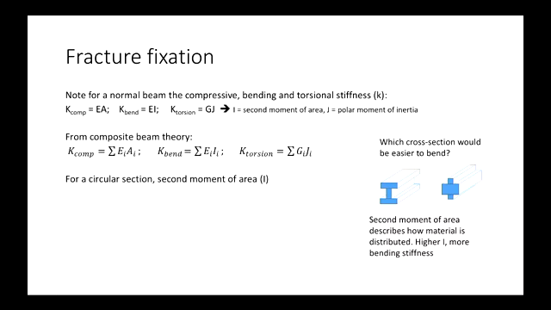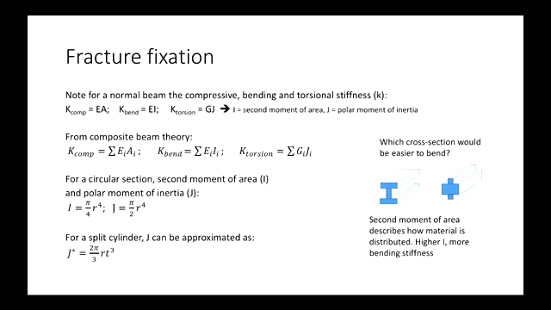For a circular section, the second moment of area, I, is calculated with these formulas, and the polar moment of inertia is calculated as that. For a split cylinder, we can estimate its second moment of area with this formula. It's got a lower value. You can see this has r to the 4, but it's just r.